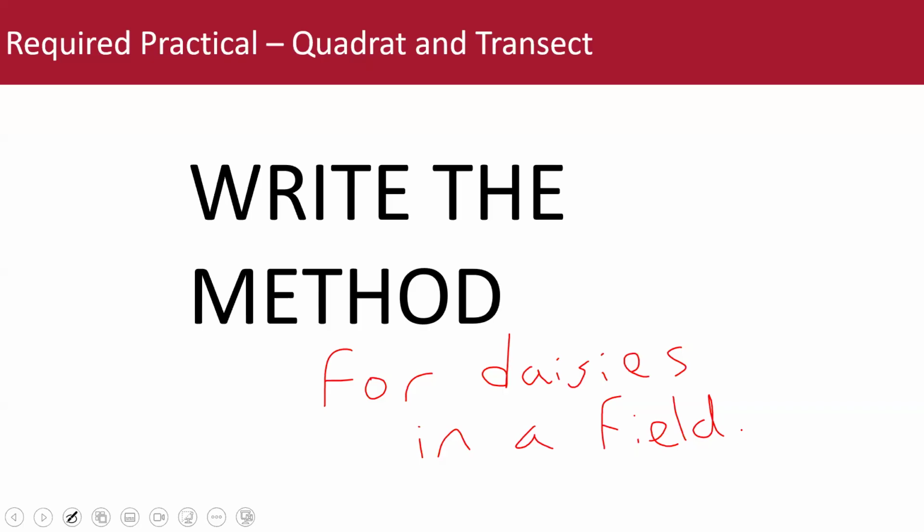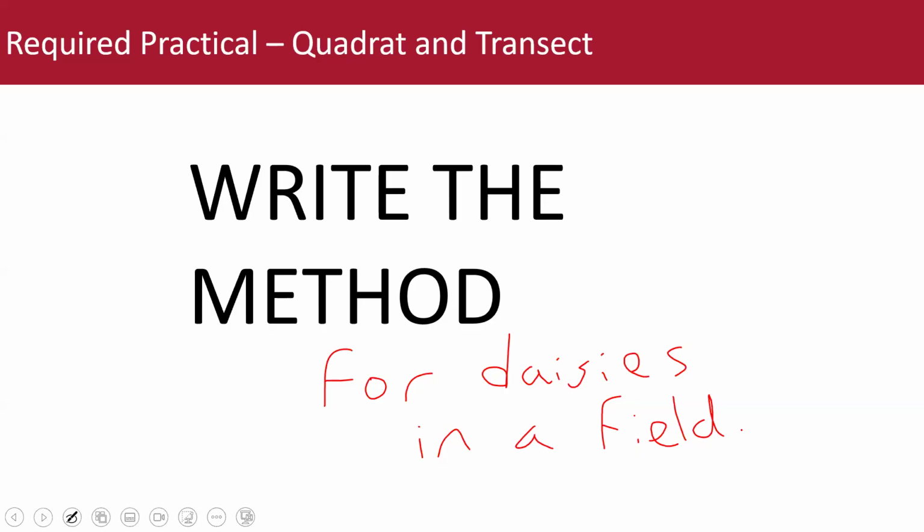I'm going to give you another minute. Think about quadrats, daisies in a field. You've got a field, what are you going to do with it? You've got a quadrat, how big is it? Usually 50 by 50. How are you going to decide where you're going to put your quadrats?